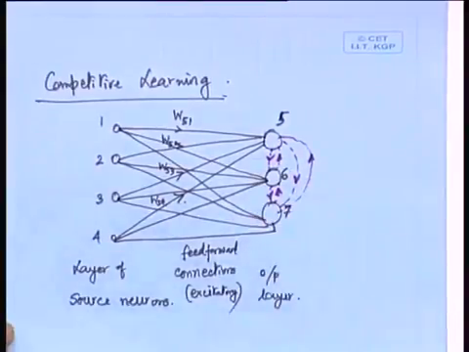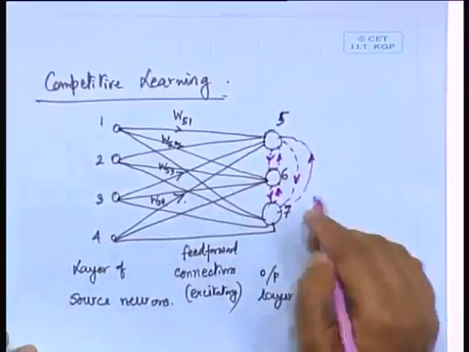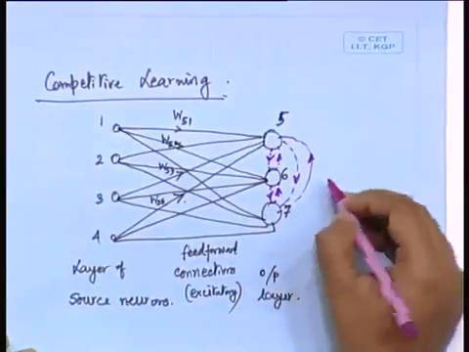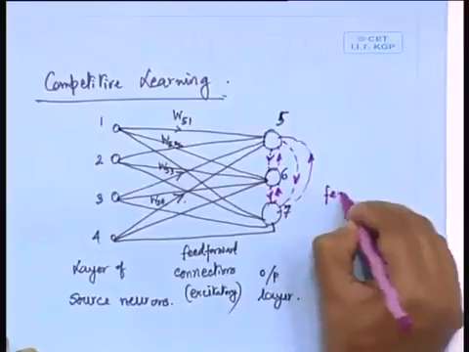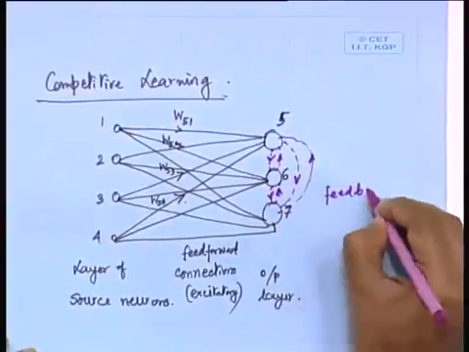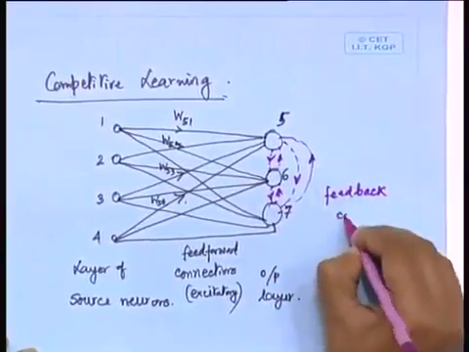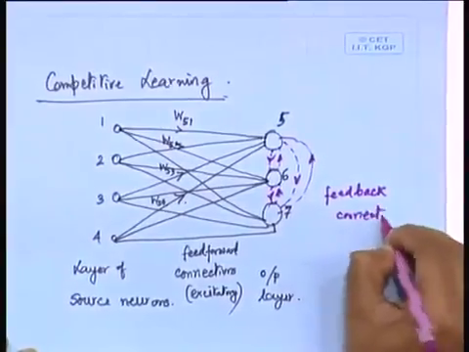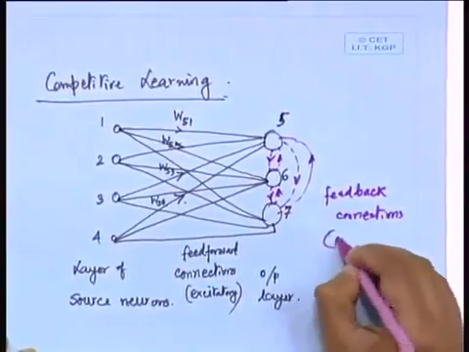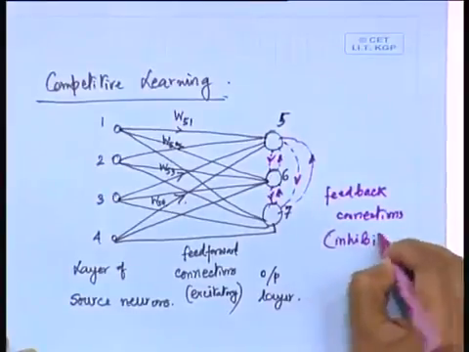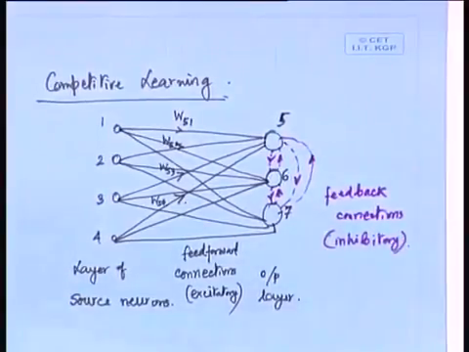All these connections I have deliberately drawn with a dotted path and a different color of pen, meaning that all these feedback connections are going to be inhibitory in nature. That means the competitors never support themselves. They only try to weaken the other competitors.